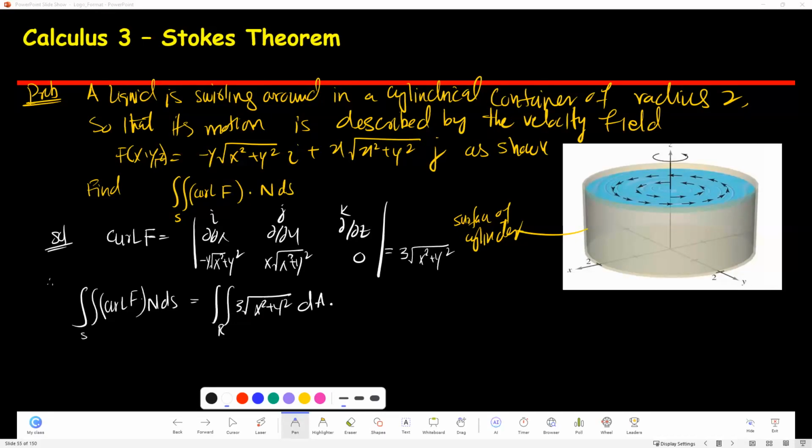Now what I'm going to do is convert this whole thing into cylindrical coordinates.